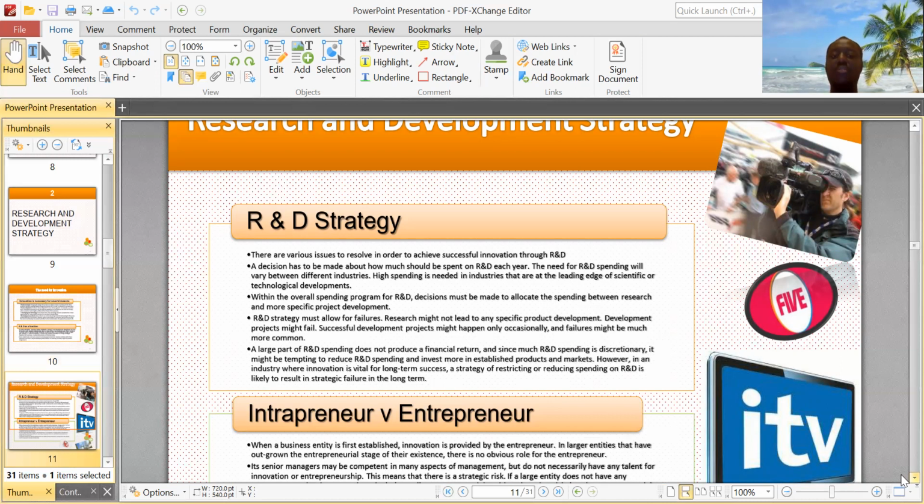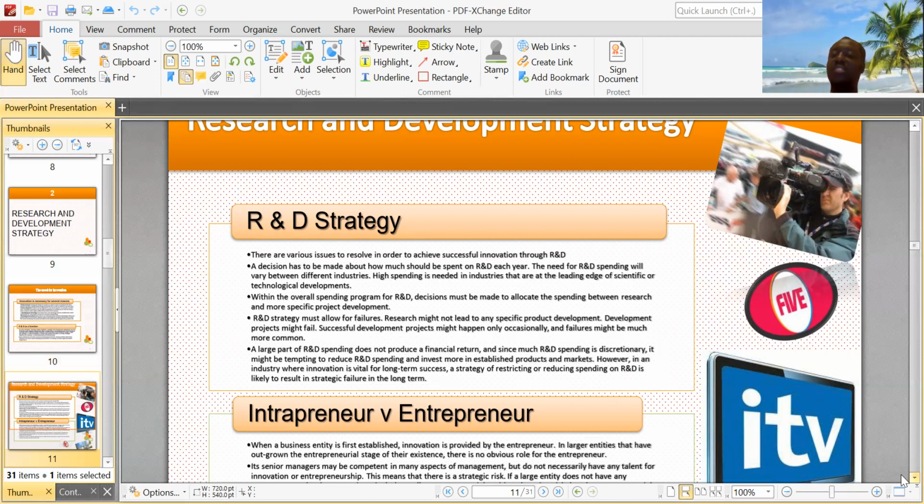Number 3, a large part of R&D spending, which is research and development spending, does not produce a financial return. And since much R&D spending is discretionary, it might be tempting to reduce R&D spending and invest more into established products and markets. That's one of the big problems when it comes to research and development, right?